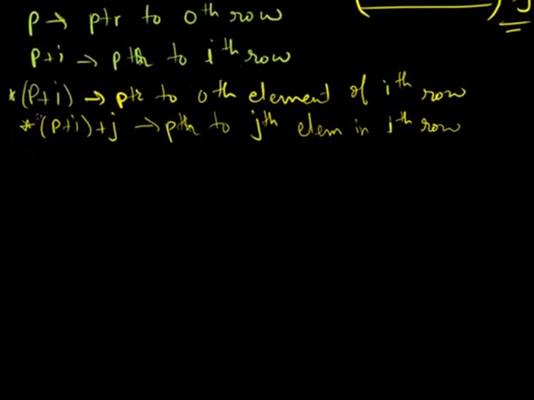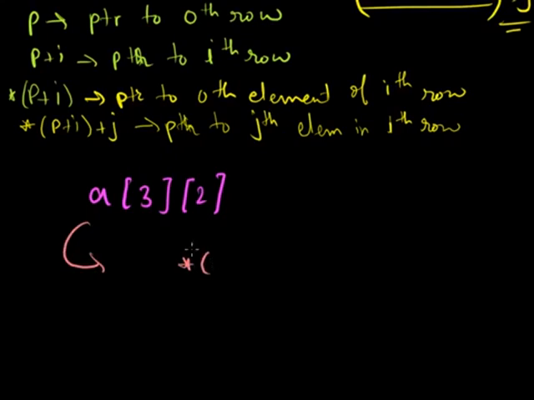So to give you a formula, if you have something like, let's not use p, let's use a of 3, 2. So you have to access the element which resides in the third row and the second column. First you get to the row, so value at a plus 3.